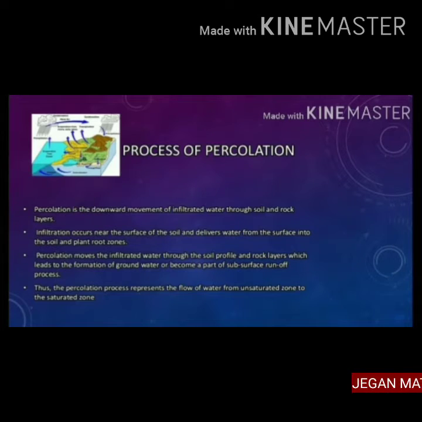Next one is the process of percolation. Percolation is the downward movement of infiltrated water through soil and rock layers. Infiltration occurs near the surface of the soil and delivers water from the surface into the soil and plant root zones.